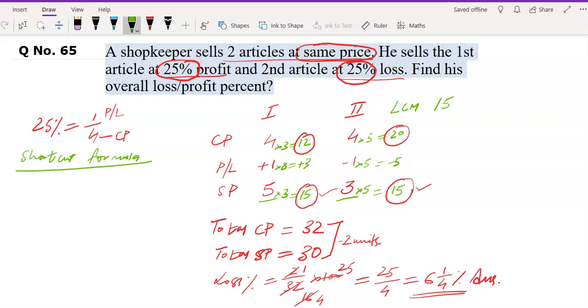Now whenever SP is same, when selling price is same and profit percent and loss percent is also same, there is always loss.